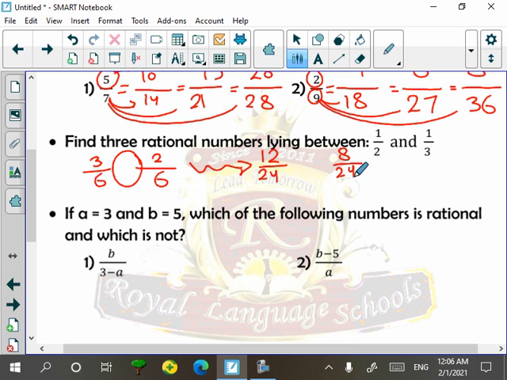Then the 3 rational numbers between 8 and 12 are 9 over 24, 10 over 24, and 11 over 24.